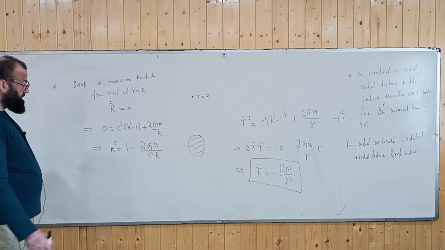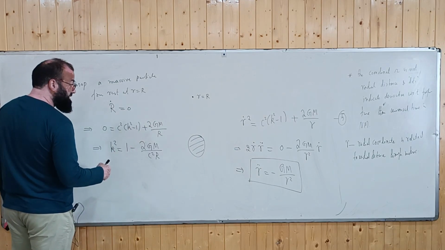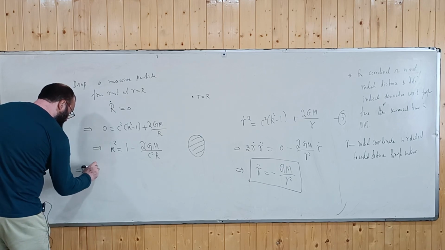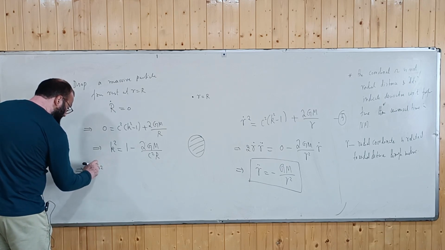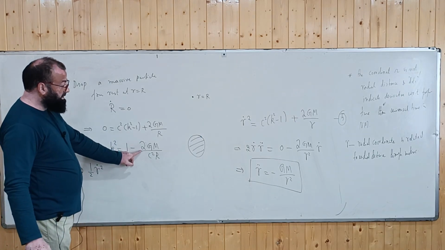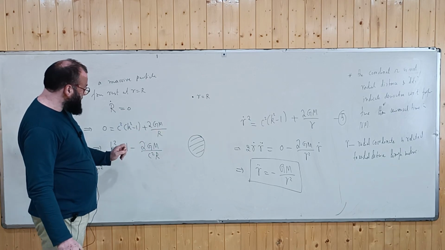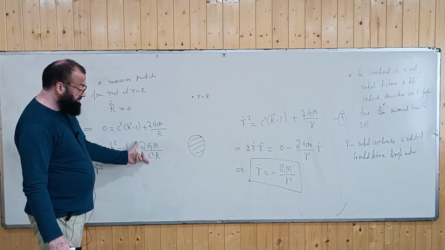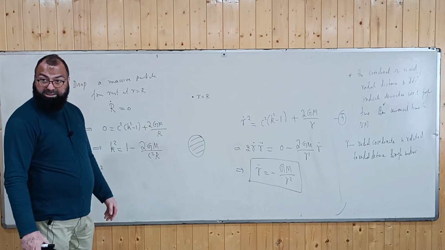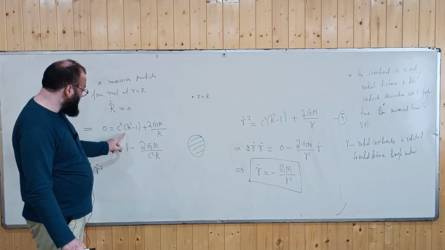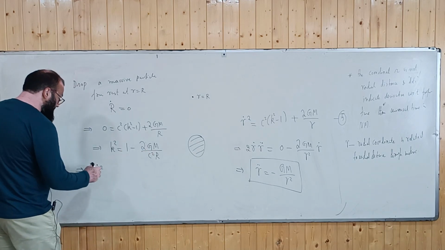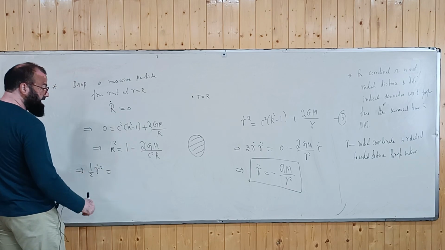Good. Now let's substitute it in equation 5. So I will have r dot squared by 2 equal to, since you have k squared minus 1, simply 2GM by c squared r. The c squared cancels, and k squared minus 1 works out to be simply 1 by c squared, with the factor of 2 taken here.